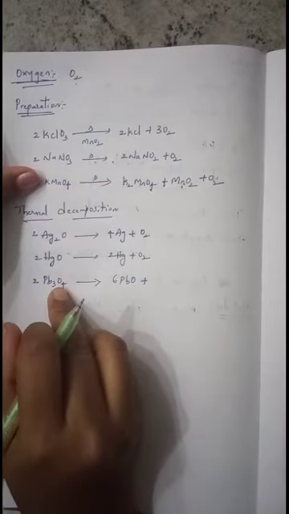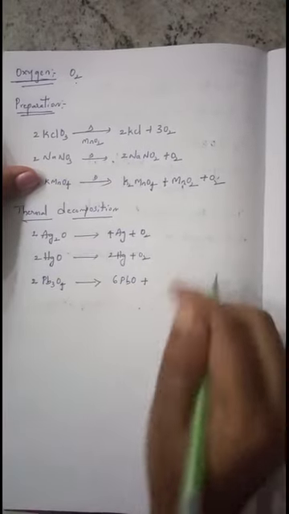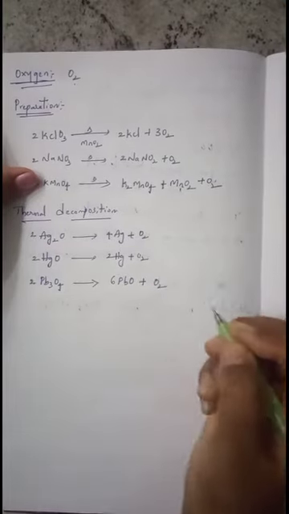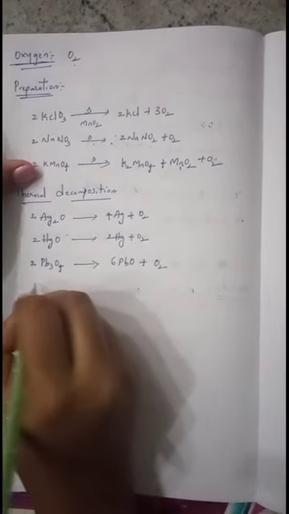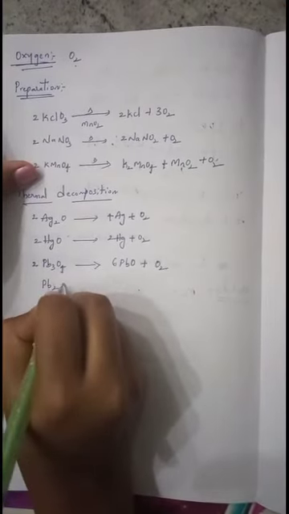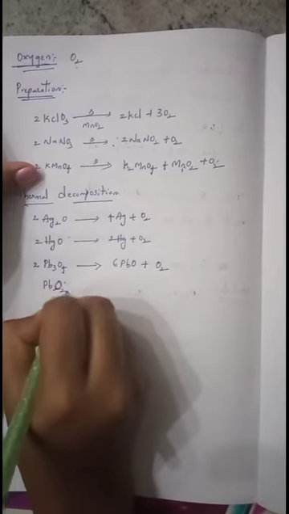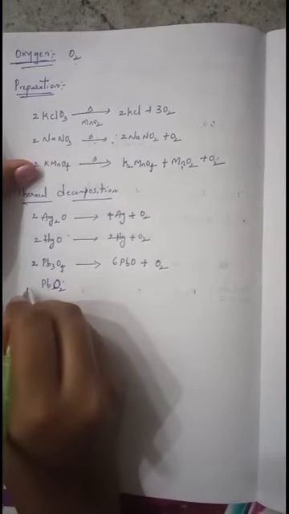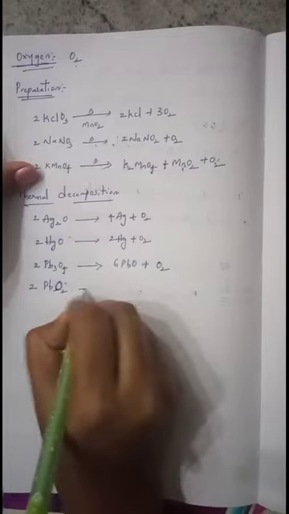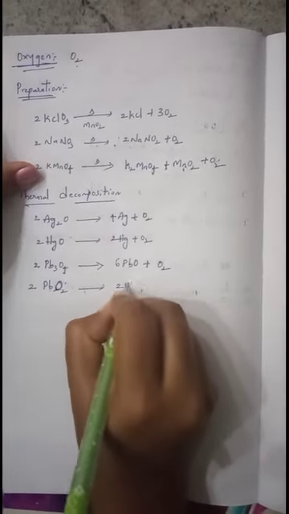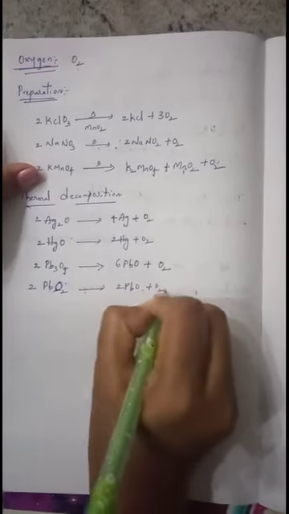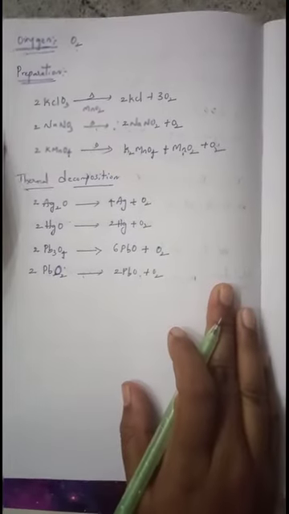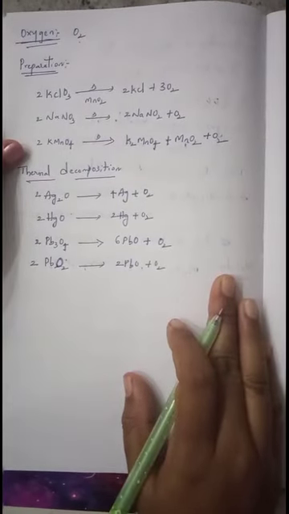For 2 moles there are 8 oxygens, of which 6 are used, so 2 more oxygens are released in the form of O2. In the same manner, 2 moles of PbO2, lead dioxide, also convert into 2 PbO plus O2. By using all these methods of thermal decomposition of metallic oxides, they can be converted into oxygen.